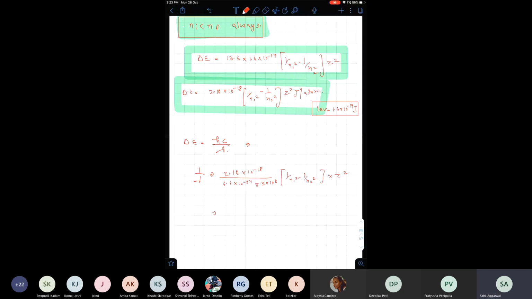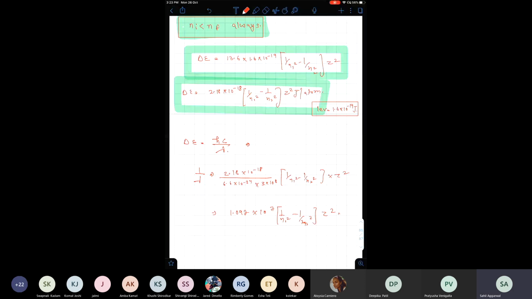If we solve this whole thing, we will get 1.097 into 10 to the raised power 7, 1 upon n1 square minus 1 upon n2 square into z square.